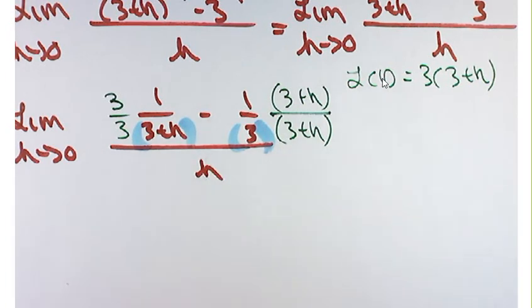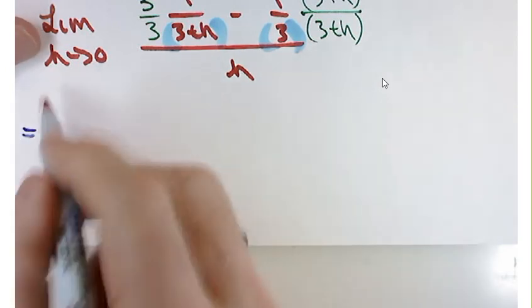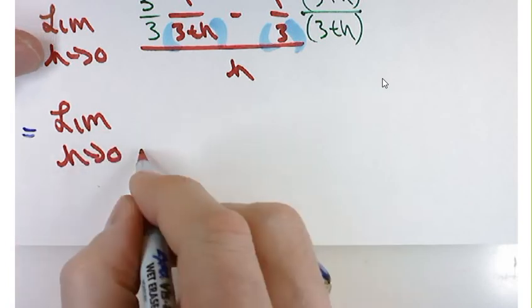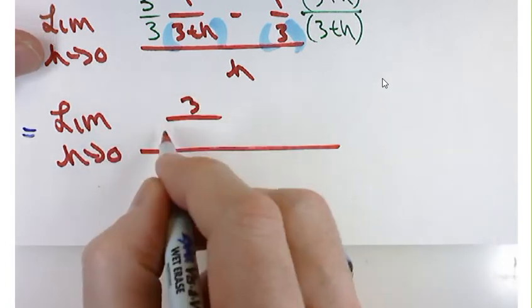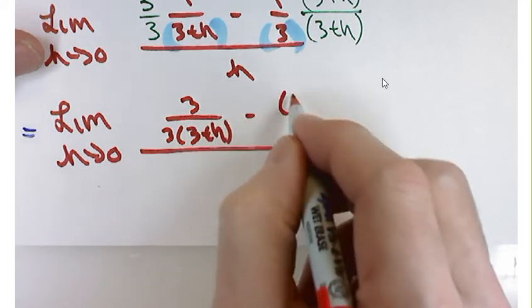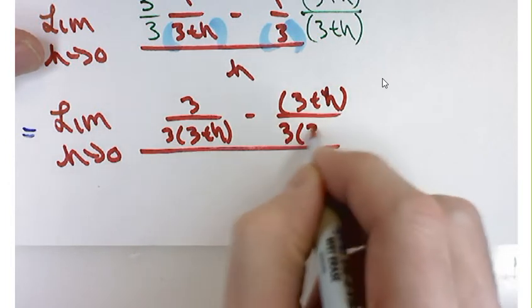And let's see what that gives me. That's going to be the limit as h approaches 0 of 3 over 3 times 3 plus h minus 3 plus h over 3 times 3 plus h.